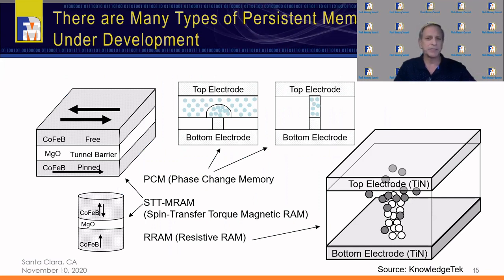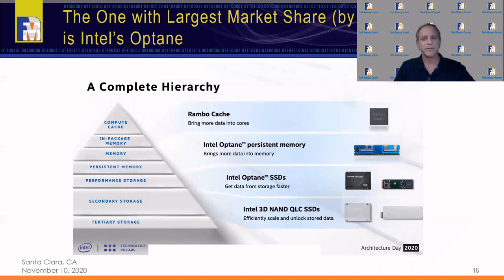There are many types of persistent memory, or PMEM, available or under development. These include various types of magnetic RAM, phase change memory, and resistive RAM. The persistent memory with the largest market share by far is Intel's Optane, utilizing their 3D XPoint technology, which some characterize as a type of phase change memory. This slide from Intel shows how their products address the memory and storage hierarchy we introduced earlier.